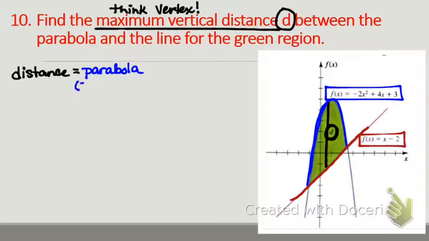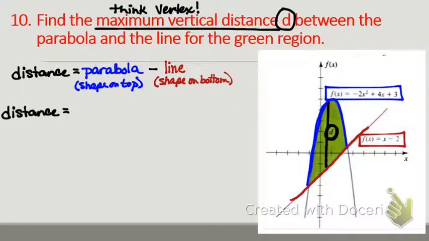That's my shape on top. Minus my line, because that's my shape on the bottom. And I have equations for both of those, right? Do I have equations for the parabola and the line? Yes. So we're going to substitute in those equations.